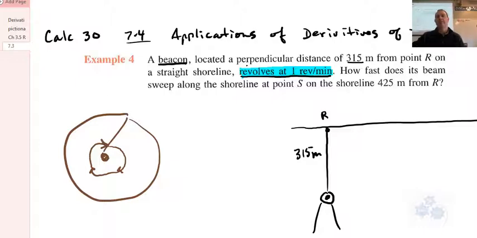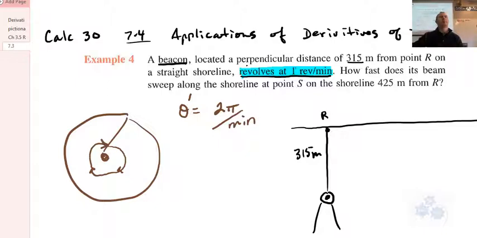That's 360 degrees or 2 pi radians, and we deal with radians a lot in math. So the change in angle theta is going to be 1 full revolution, 2 pi radians per minute.